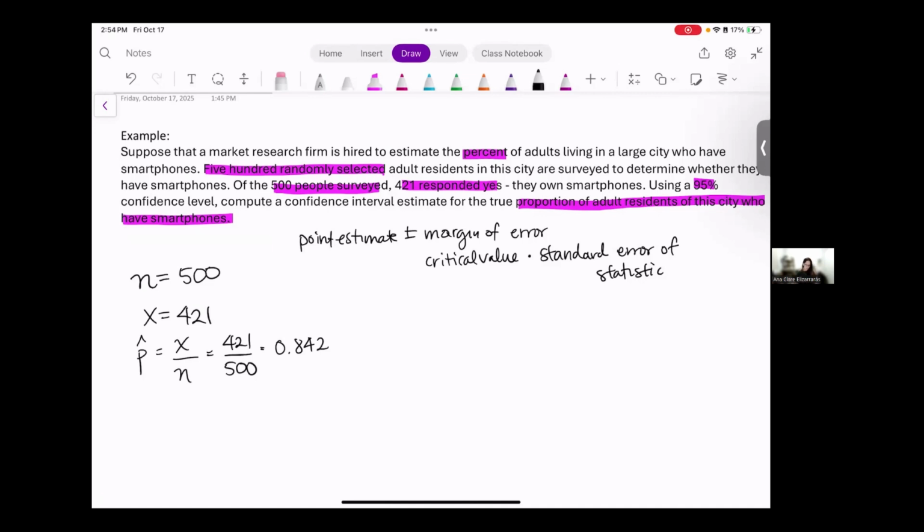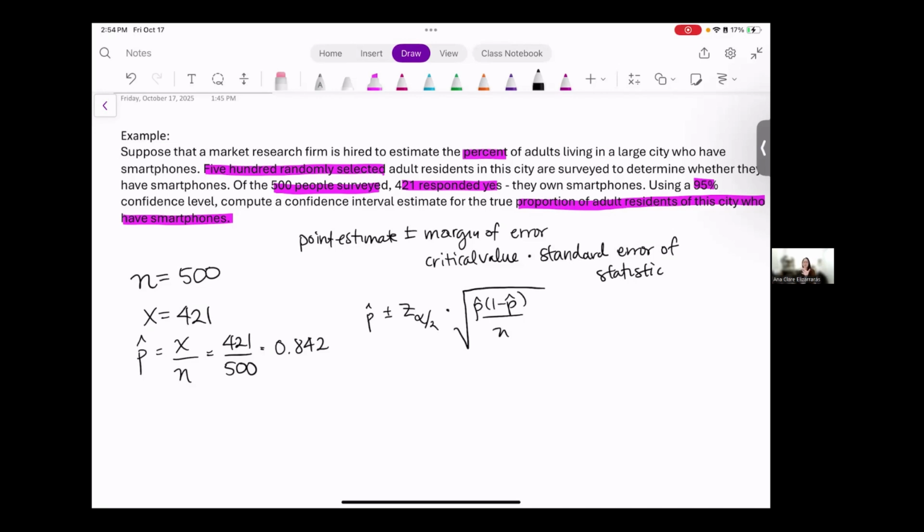Okay, now I have my point estimate. That's going to be p hat plus or minus. The critical value is going to be a z-score for alpha over 2 times the standard error of the statistic. Well, what is the standard error for proportions? I have the square root of p hat times 1 minus p hat over n.